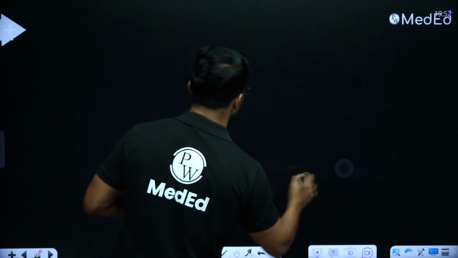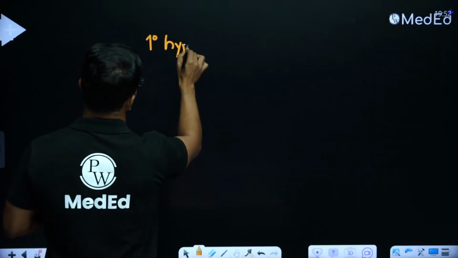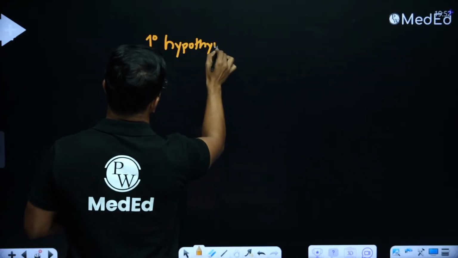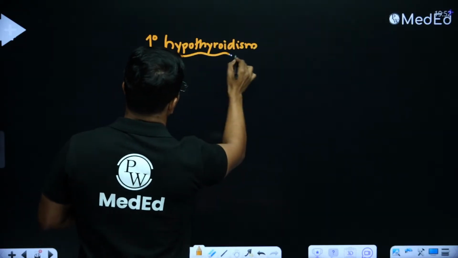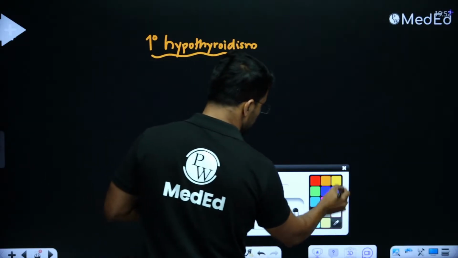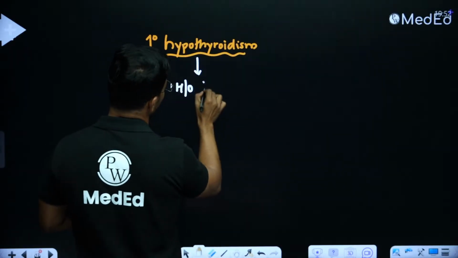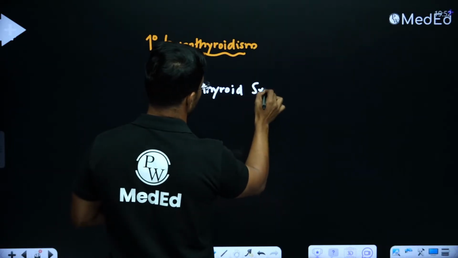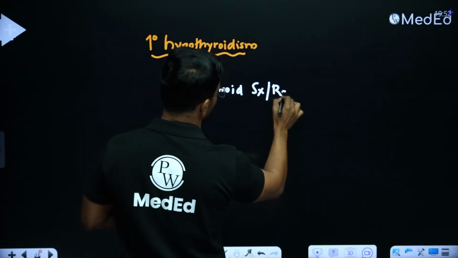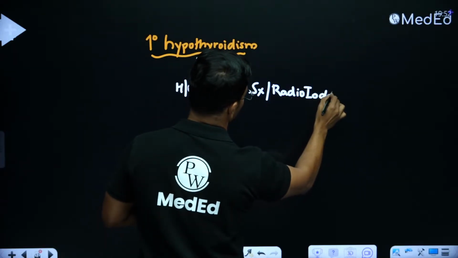Once I diagnose it as primary hypothyroidism, all I have to see is if there is a history of thyroid surgery or radio iodine therapy.